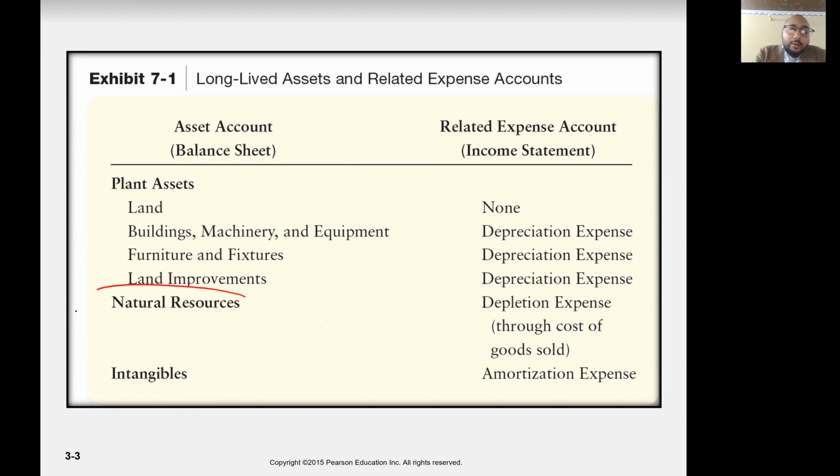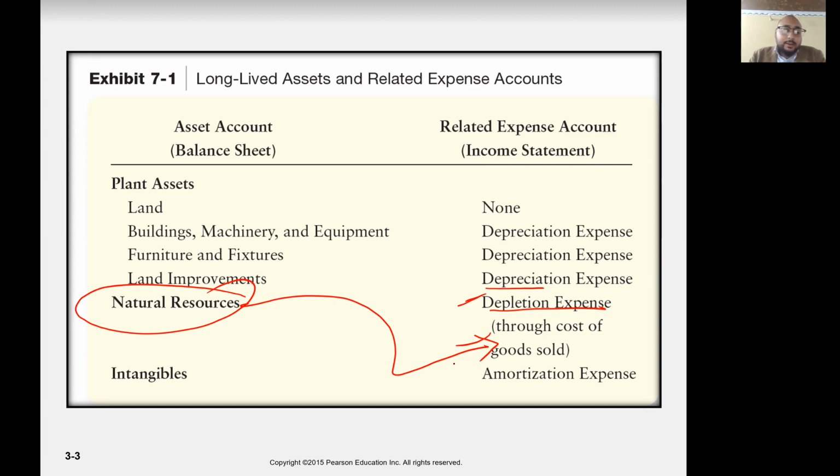What do we mean by natural resources? The amount that we extract from our mine, we call depletion. The treatment is the same as depreciation, but the name is changed, and it will be added to our cost of goods sold, because we mine it, take it as a raw material, convert it into finished goods, and then sell. So natural resource depreciation is a part of cost of goods sold, and we call this depletion.